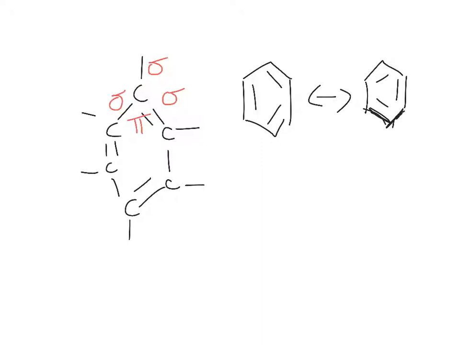It has these 3 electrons, so it's sp2, and then this p orbital. Let me see if I can find you a nice picture.